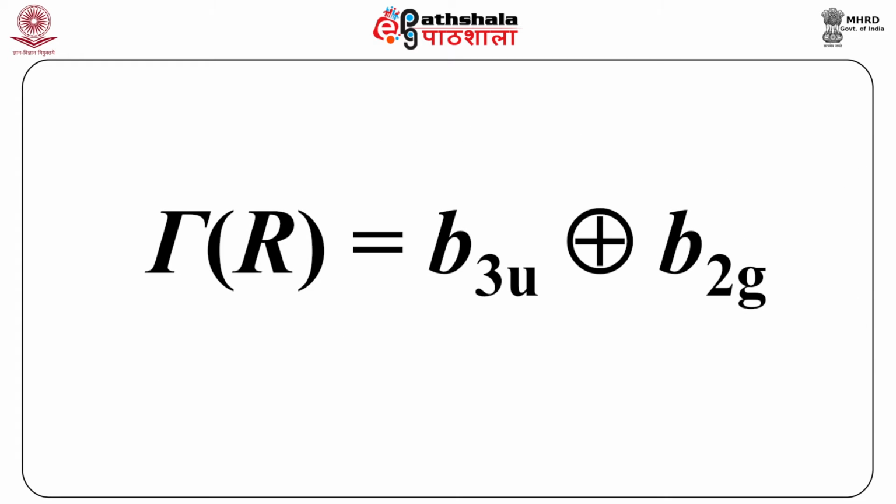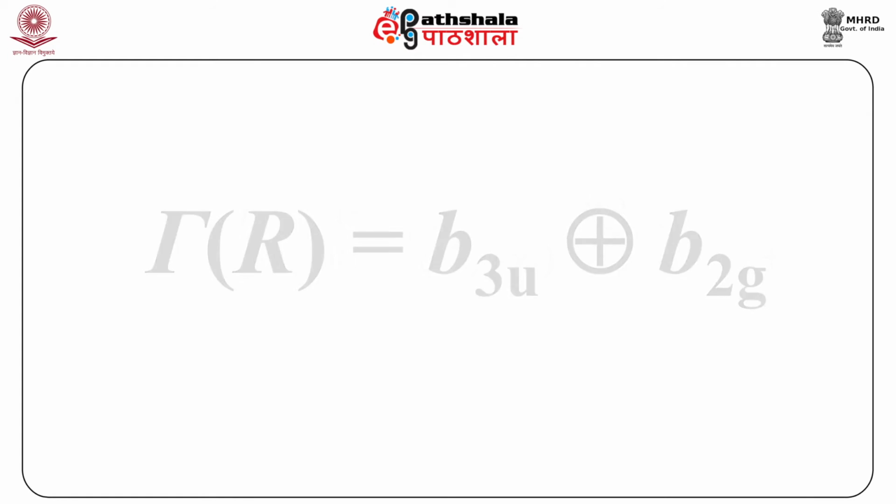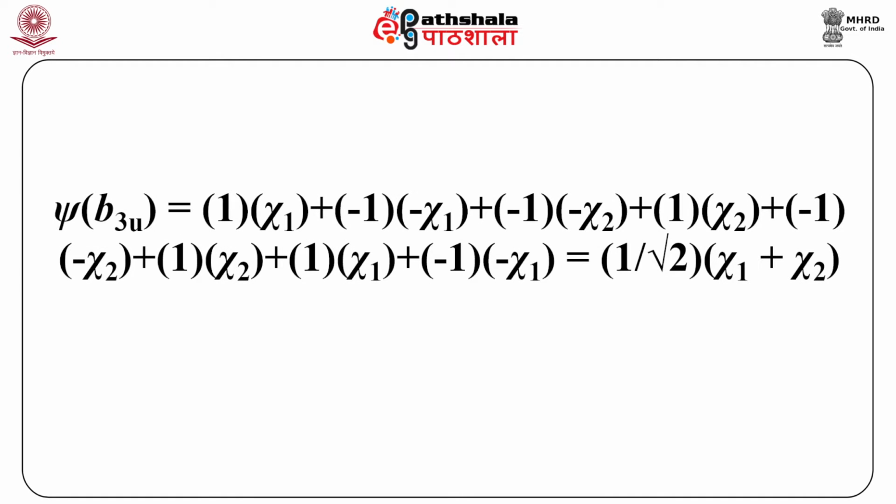Now, when you resolve the reducible representation, you find that it is equal to B3u plus B2g, and then to find out the combinations corresponding to B3u and B2g, we use the projection operator method, and after normalization for B3u, you find that the wave function psi B3u is obtained by multiplying the character of B3u for the E operation and the result of the E operation on chi1, and similarly for C2z and so on.